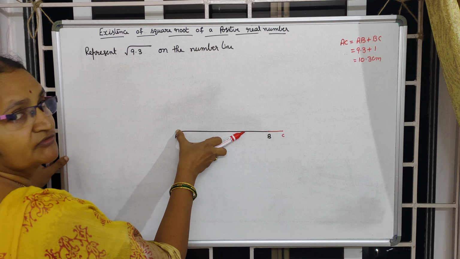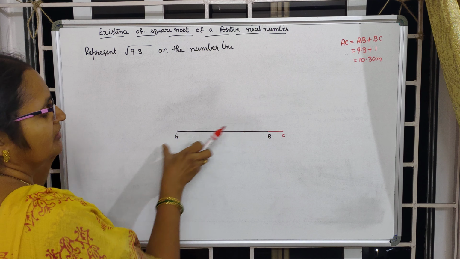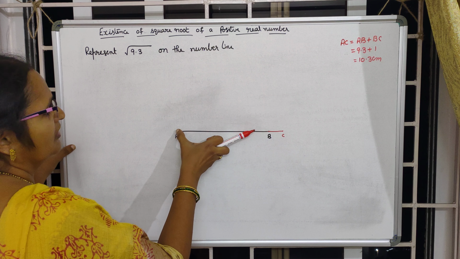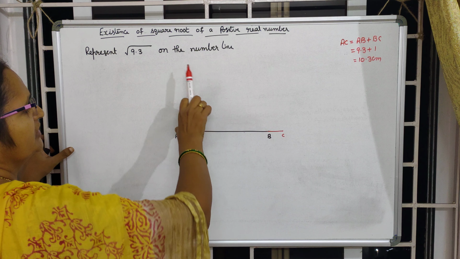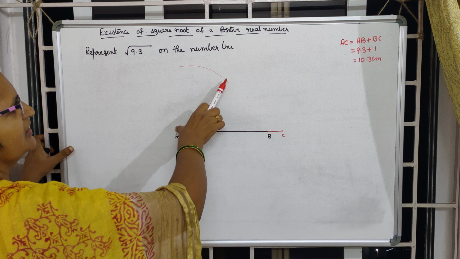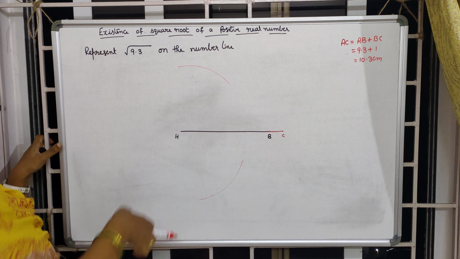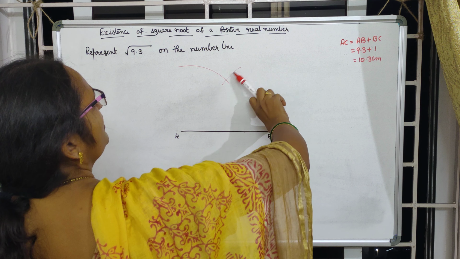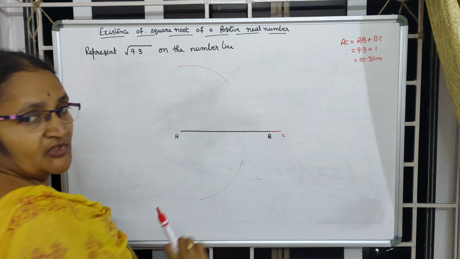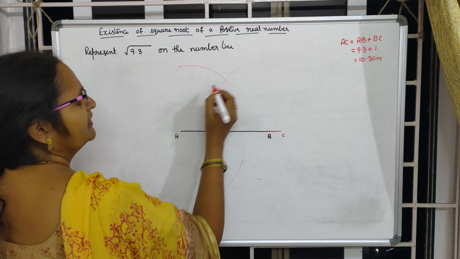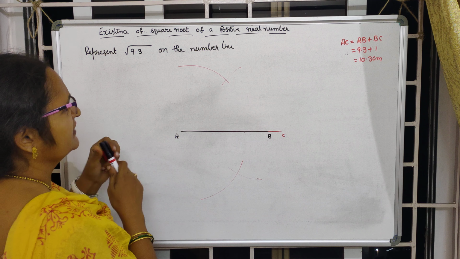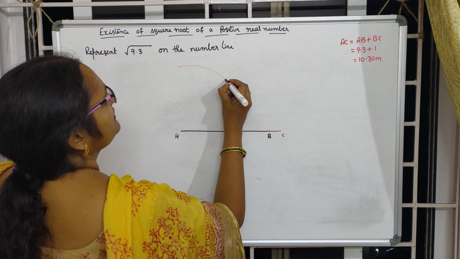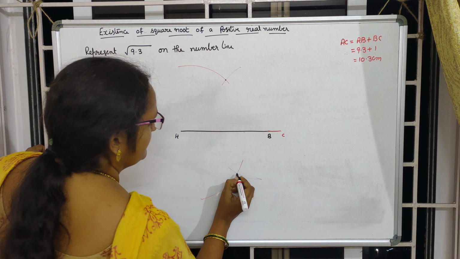Taking more than half of the line segment as radius, we draw an arc up and also down. Clear? Now, using the same radius from the other end, I cut off these two arcs. Now I get two points here, one point and another point.